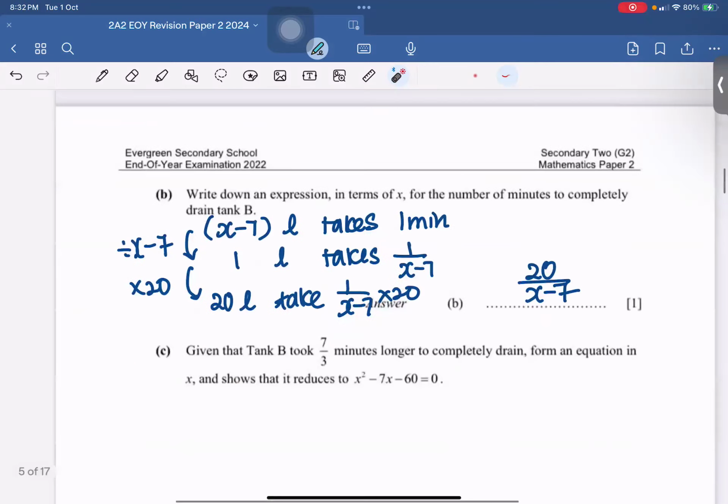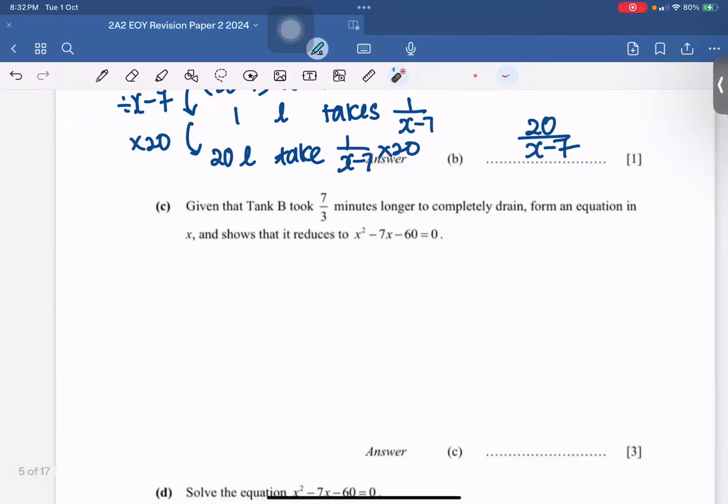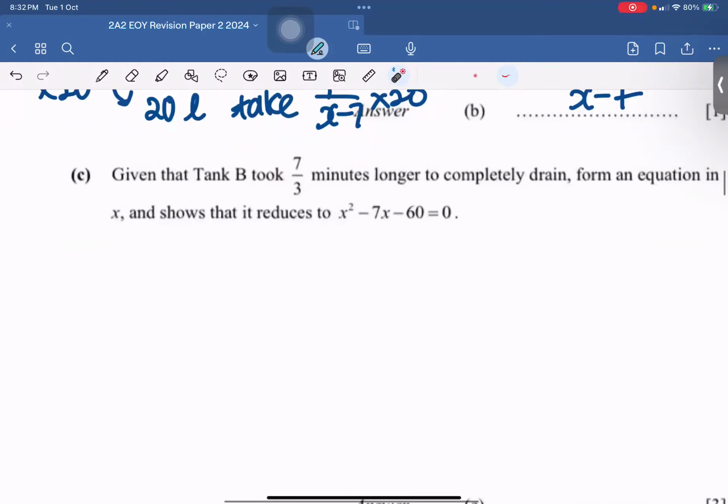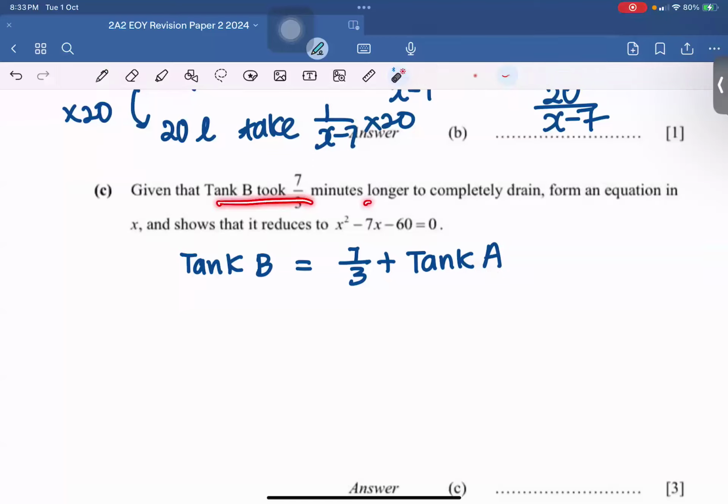Okay, then the question says that tank B took 7 over 3 minutes longer. So tank B is equal to 7 over 3 plus tank A, because tank B is longer, right?